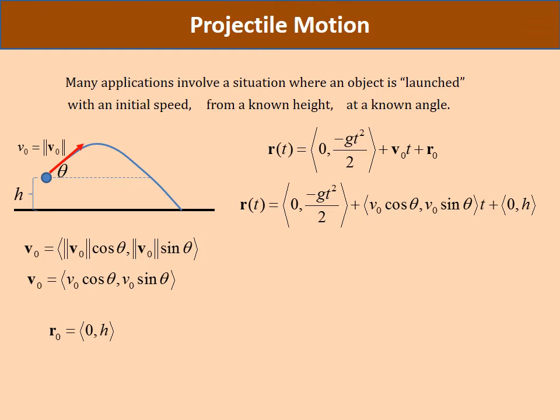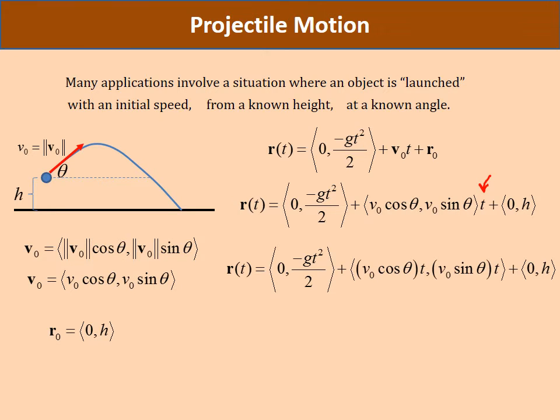Now we're going to multiply through by the t to have just three vectors that we will then add together component-wise to come up with this. Now this is our position vector for any situation involving projectile motion.